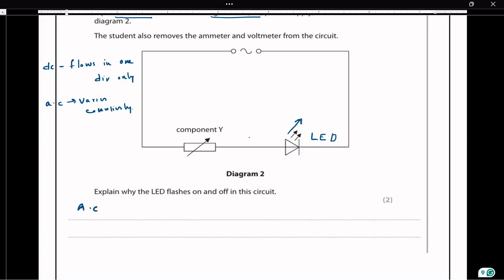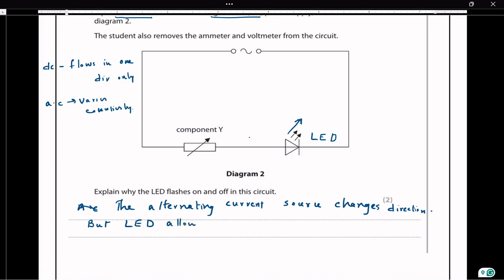Alternating current source changes direction, but LED allows current in one direction only.